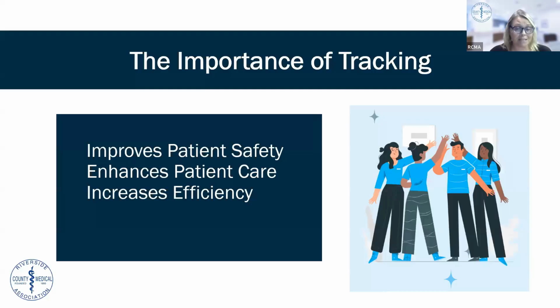Obviously, increased efficiency, streamlining your workflows is going to reduce all those administrative burdens. And this is going to allow your healthcare team to focus more on patient care, and that cannot be understated. Reducing legal risk. You want to try to do everything that you can in your practice to reduce the risk of a malpractice claim.